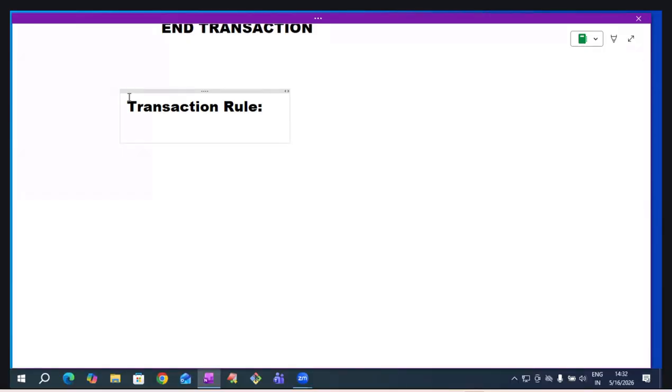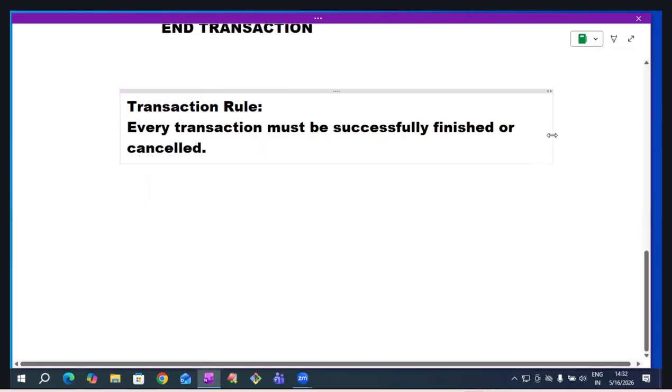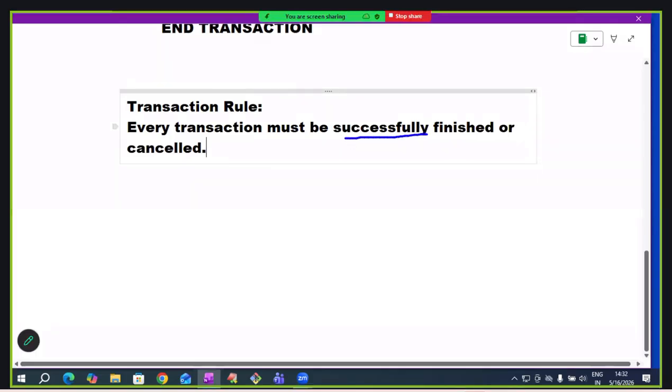The rule is that every transaction must be successfully finished or cancelled. Every transaction must follow this rule.